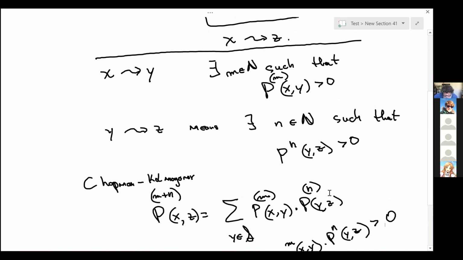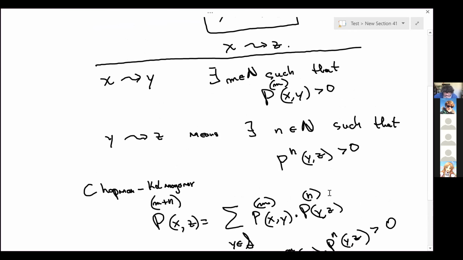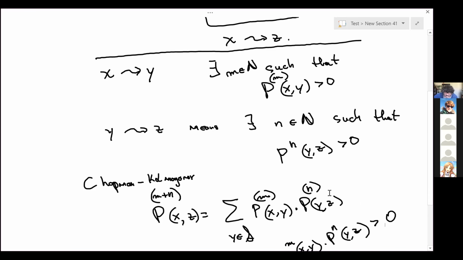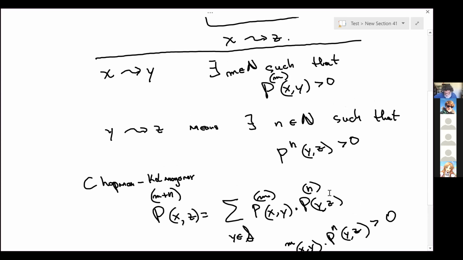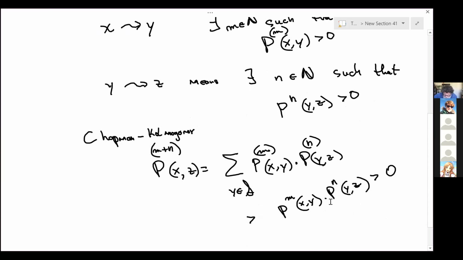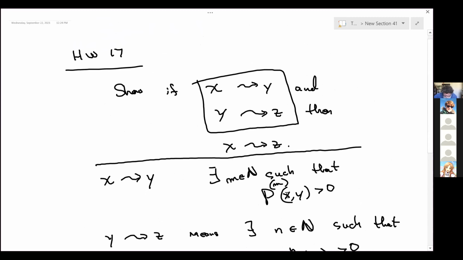So before I get back to what you did, does this make some sense? Yeah, actually, I think that's like a simpler way of what I was trying to do. Yeah, I think so too, because I think the equations that you were using sort of come after Chapman-Kolmogorov. The idea though is you get to assume that there's an m that makes this positive.